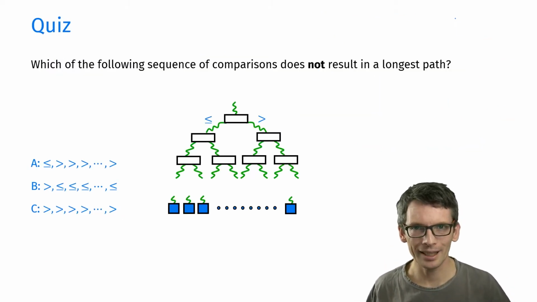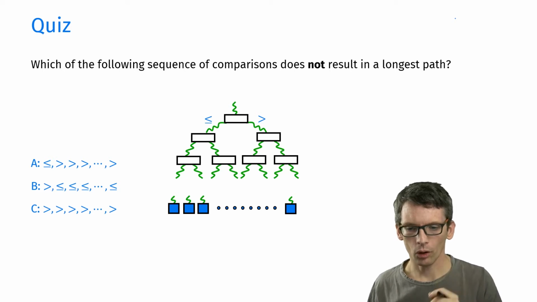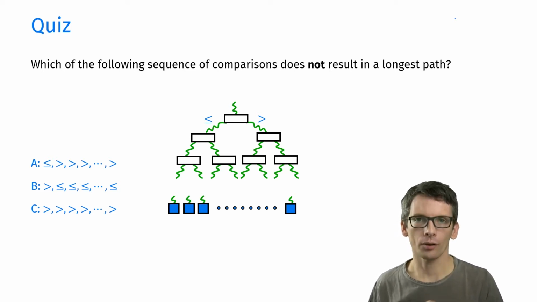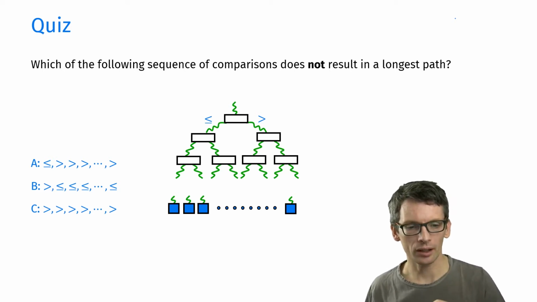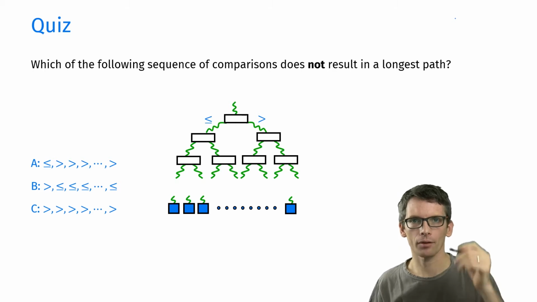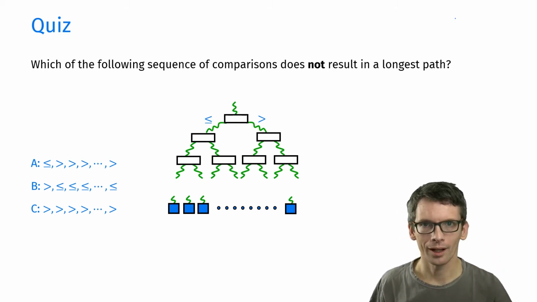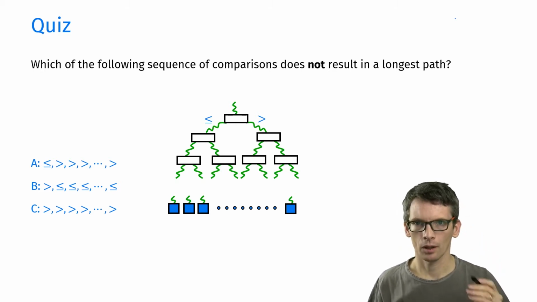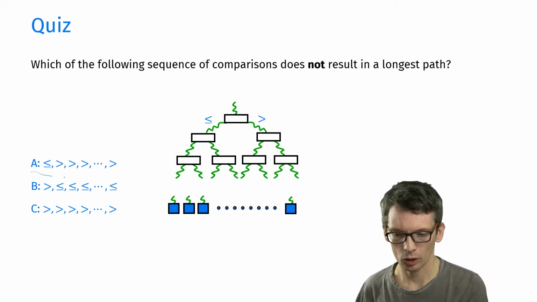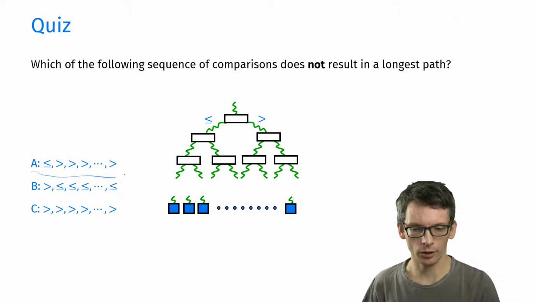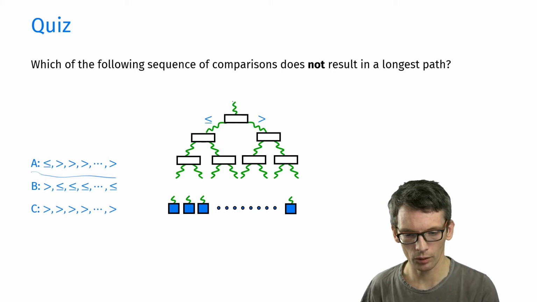Let's have a quick quiz. Which of the following sequences of comparisons does not result in a longest path from root to leaf? So is it smaller equal and then lots of larger? The question is which of these paths is not the longest?